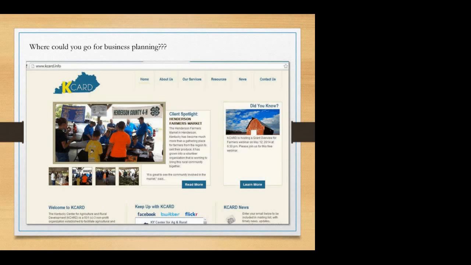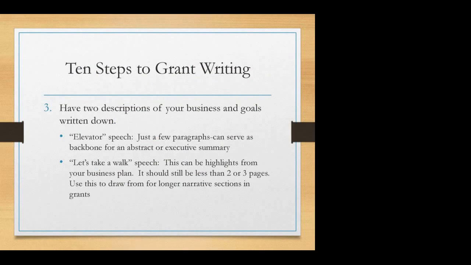If you contact us, we can try to direct you to an entity in your state. There are not entities like ours in every state. For those of you in Kentucky, thank your legislators and the Kentucky Ag Development Board for KCard's existence, because without that to match the USDA funding, we wouldn't exist.